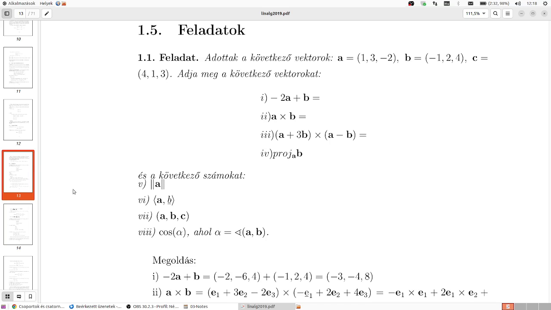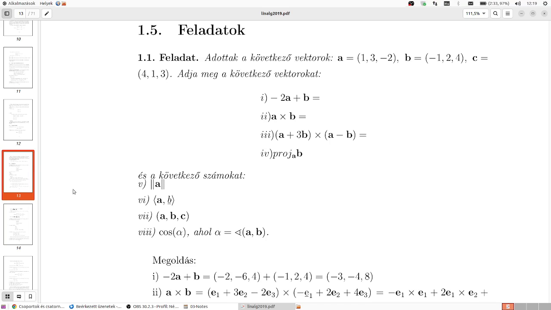Minus 2 times A plus B. That's minus 2 times 1, 3, minus 3, and plus B. It's quite simple.